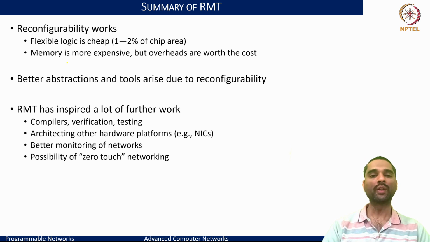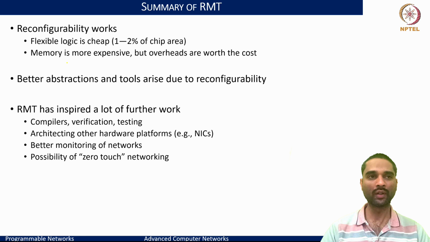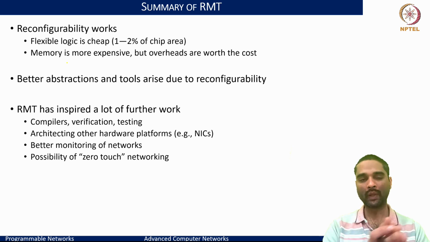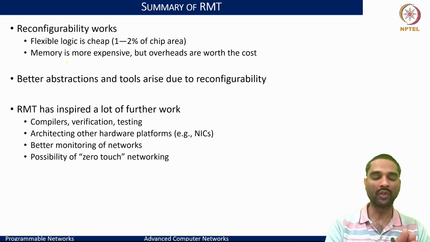So in summary, what we have looked at is the reconfigurable match tables, the way they work and enable switching to be made much more dynamic in a much cheaper way. The logic is now much more flexible, but it comes at a cost, which is very minimal.